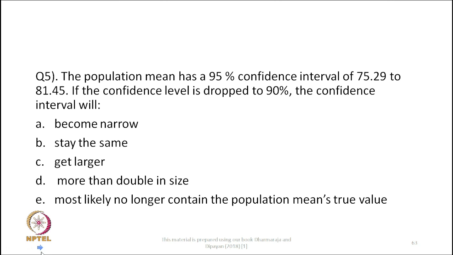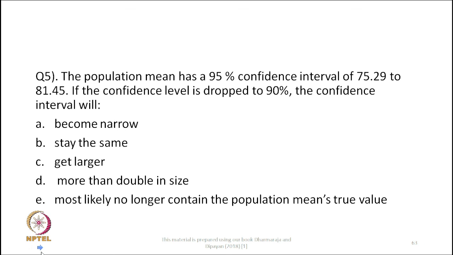The 5th question. The population mean has a 95% confidence interval of 75.29 to 81.45. If the confidence level is dropped to 90%, the confidence interval will, there are 5 options, which option is the correct one? With the 95% confidence interval, the interval is given.